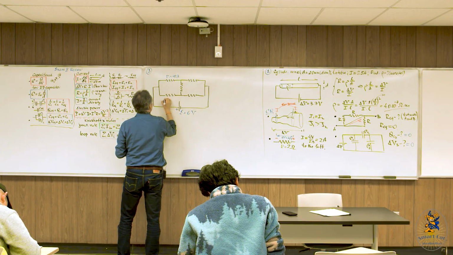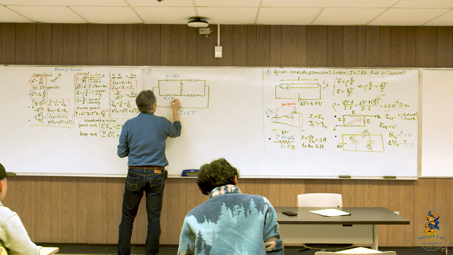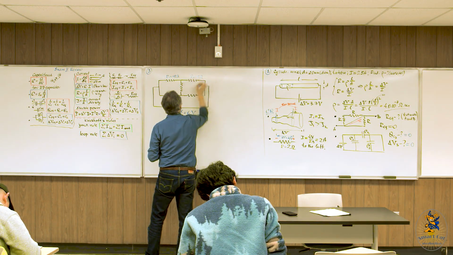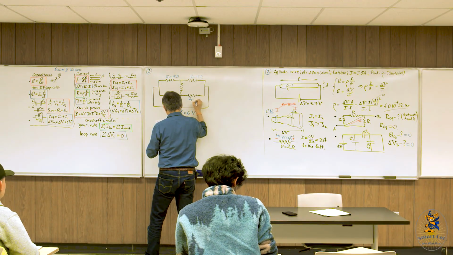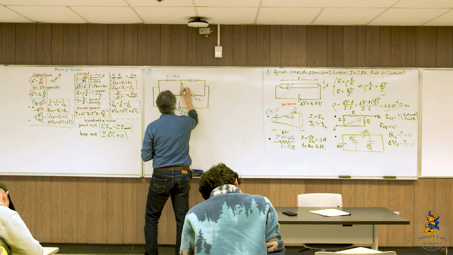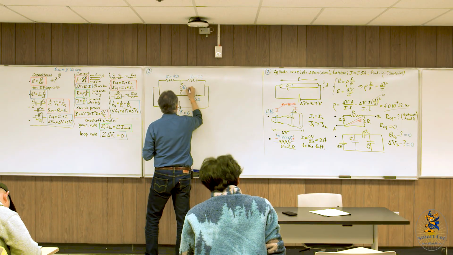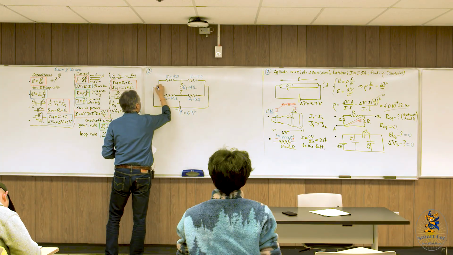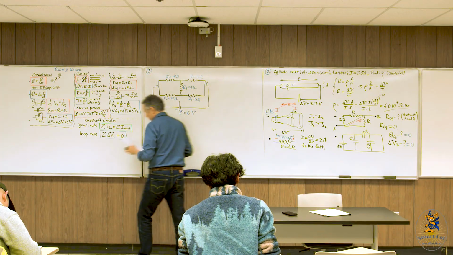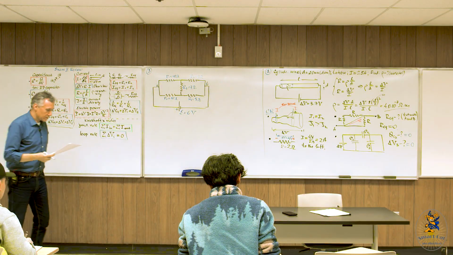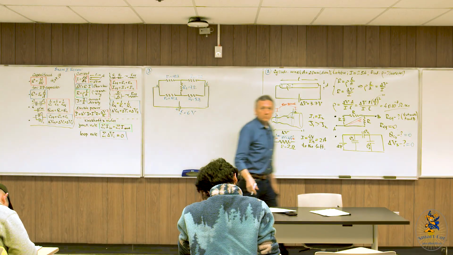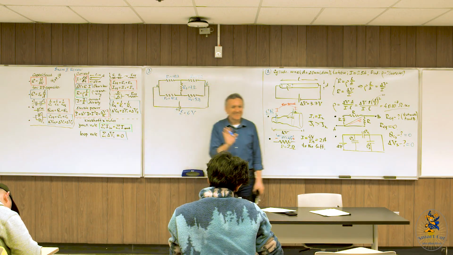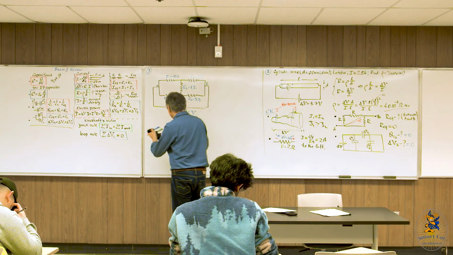Then R2 also 10 ohms, and this is R3, 5 ohms, and this R4, 5 ohms, and this R5, 7 ohms. Okay, and let me label this point point A, and this point B. So we need to find the equivalent resistance between points A and B.